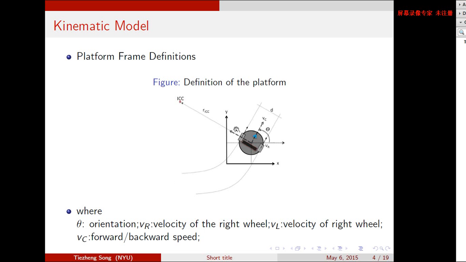In this picture, VL means the velocity of the left wheel. VR is the velocity of the right wheel. So we see the forward and backward speed. You can move forward or backward. ICC is the reference point.